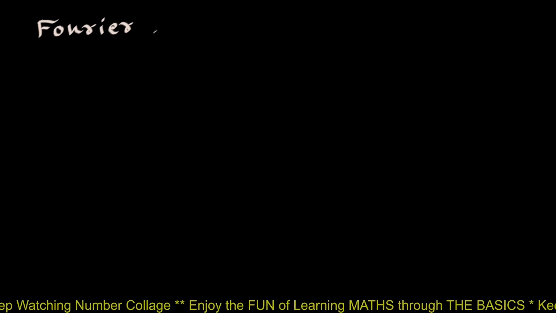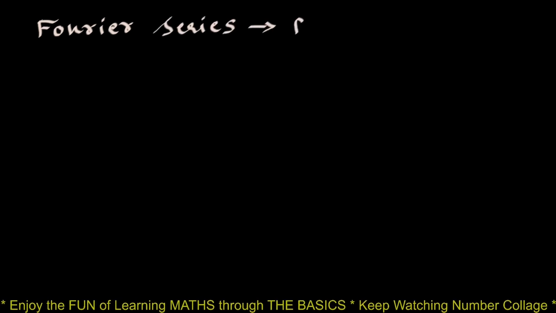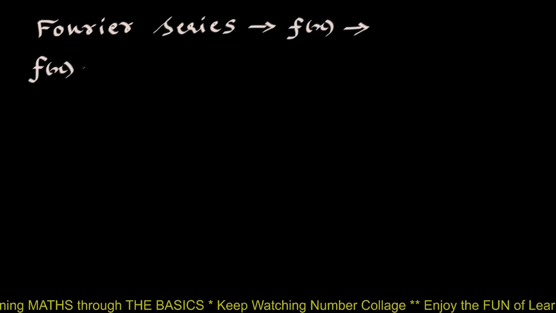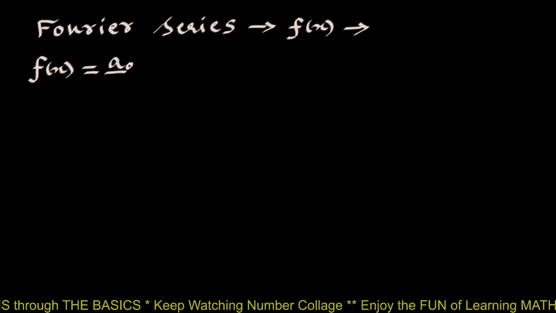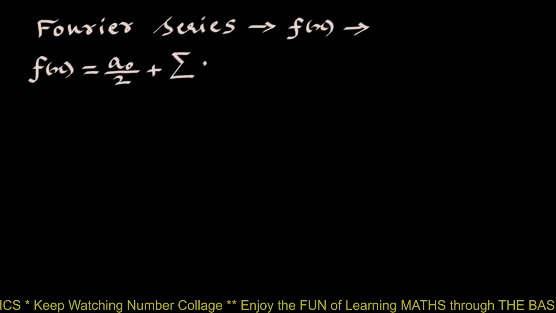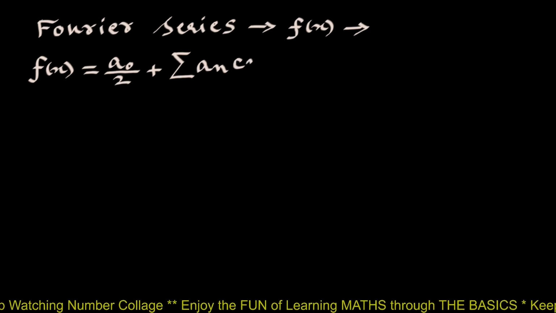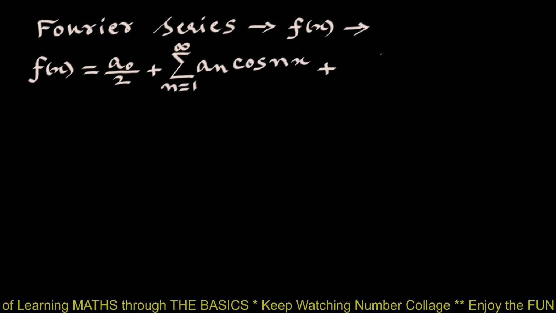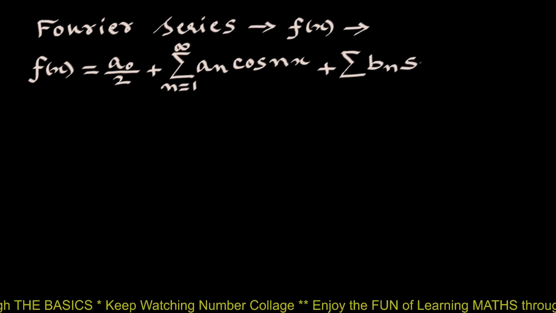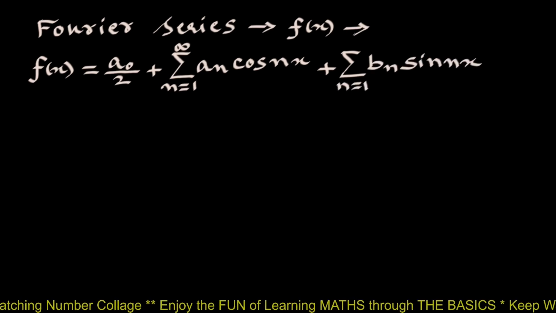In my last video, we have seen the Fourier series for a function f(x): f(x) equals a0 upon 2 plus summation an cos nx, n from 1 to infinity, plus summation bn sin nx, n from 1 to infinity.